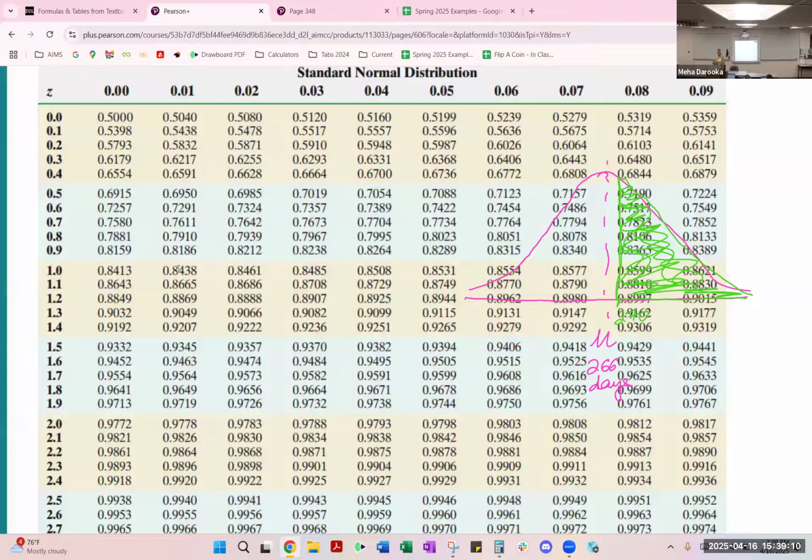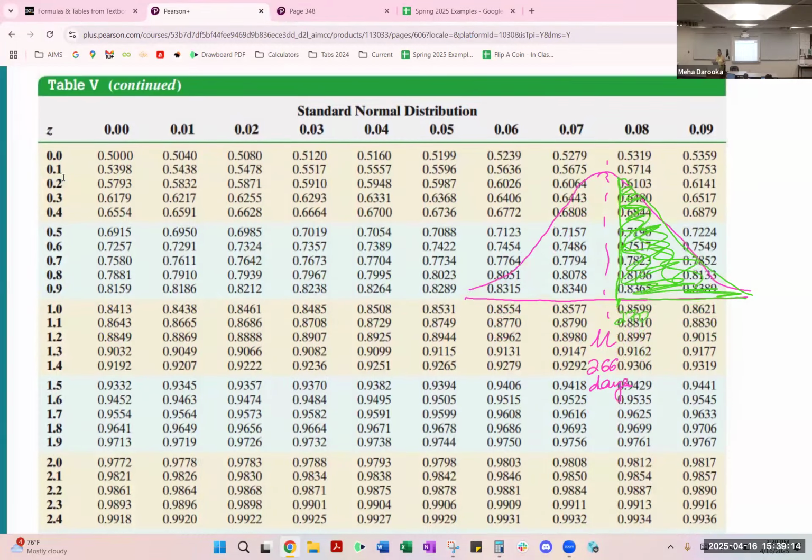So now, again, 0.25, so 0.2 is going to be right over here, and you can see 0.05 is right here, so you want to see where they intersect with each other.